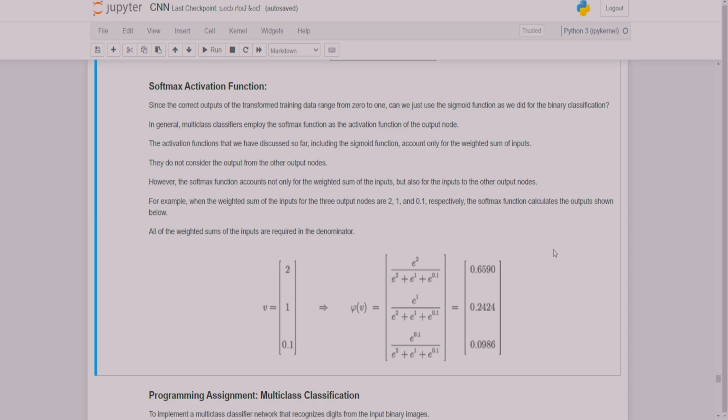For a binary class, I have only one output neuron, so it generates only one value. You don't have to use softmax there, because I don't have any other neuron to compare with.